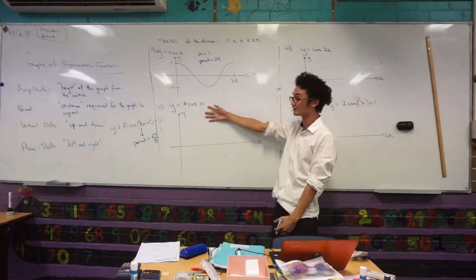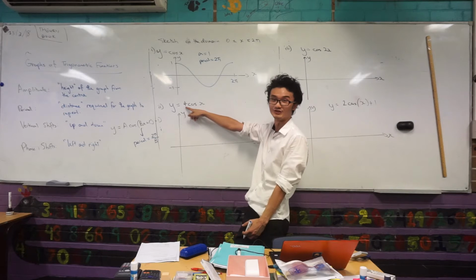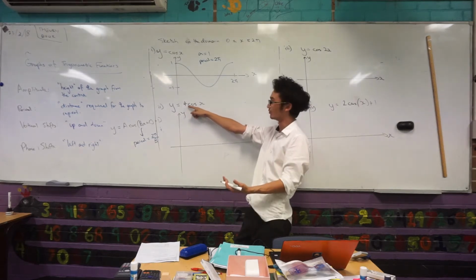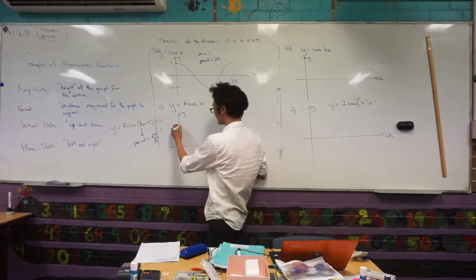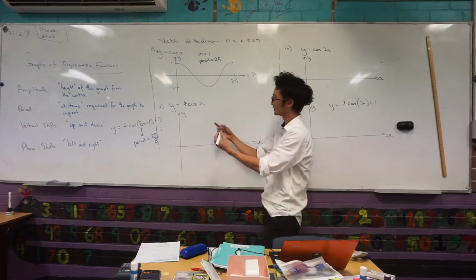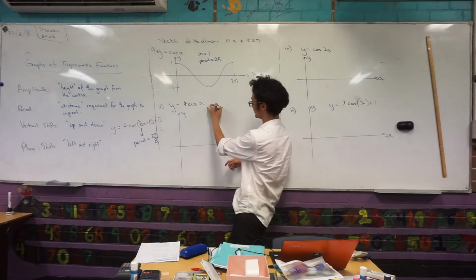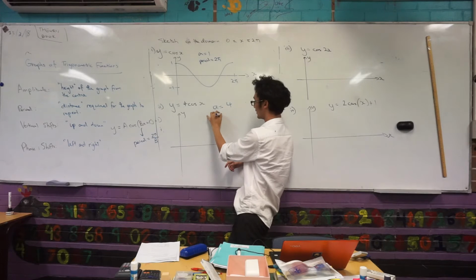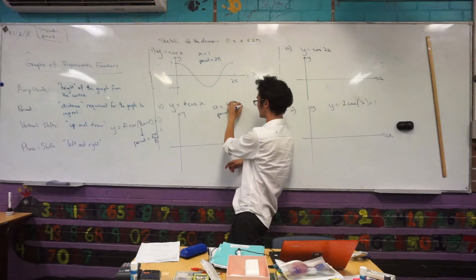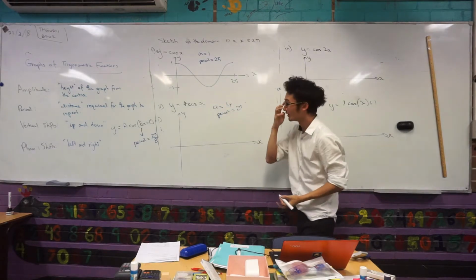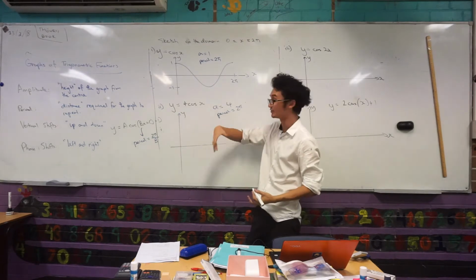When you get to something like this though, you can see we do have a coefficient now in front of the whole function, multiplied by 4. So again, before I'm doing this, I just want to make a note of any values. I've got a equals to 4. My period is still going to stay the same, that's just going to be 2 pi. And so before I even do any markings, I'm just going to sketch it.